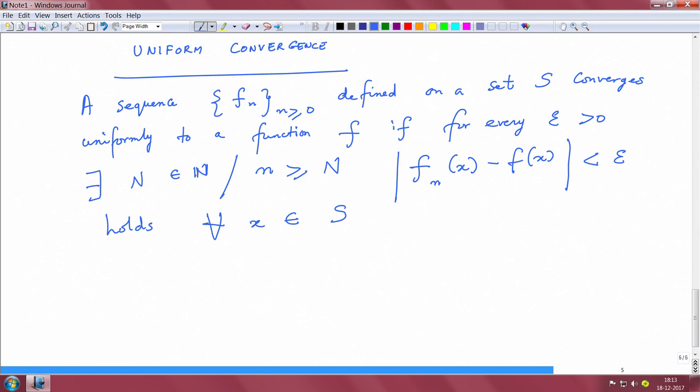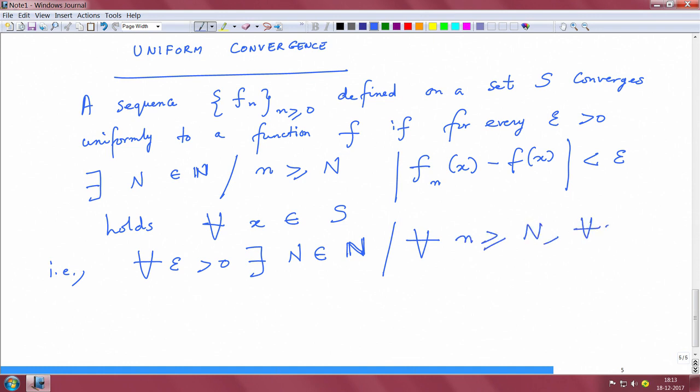So, you have to look at the order here, it is very important. For every epsilon greater than 0 there exists some capital N belonging to the set of natural numbers such that for every small n greater than or equal to capital N and for every x belonging to this set S, the absolute value of f_n(x) minus f(x) is strictly less than epsilon.